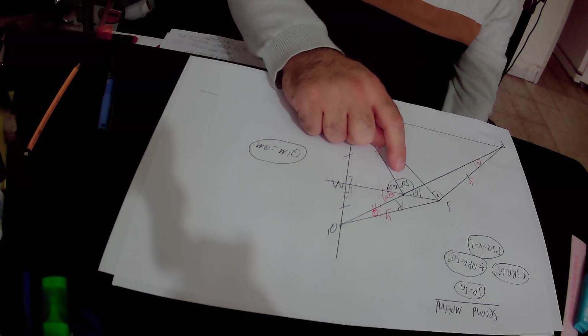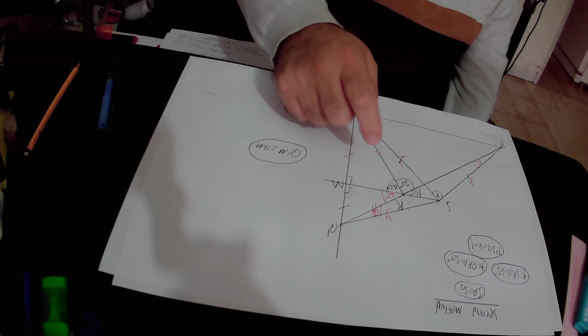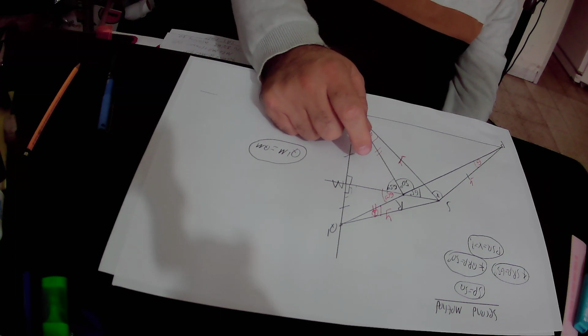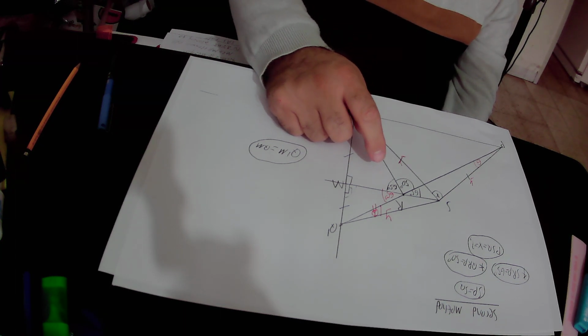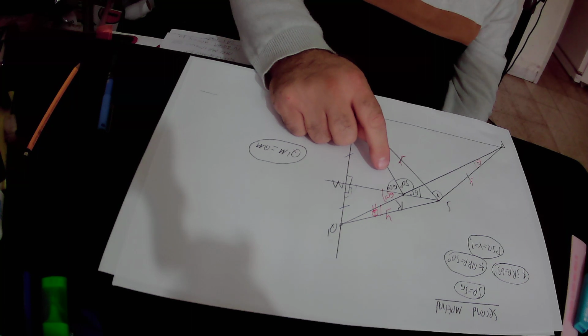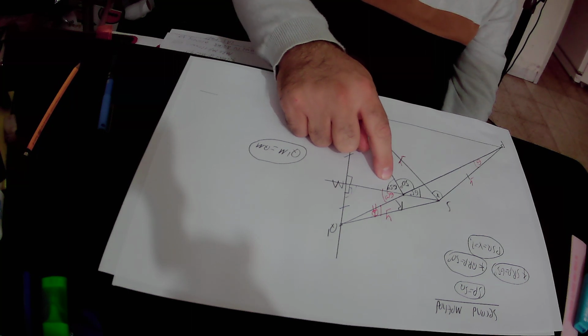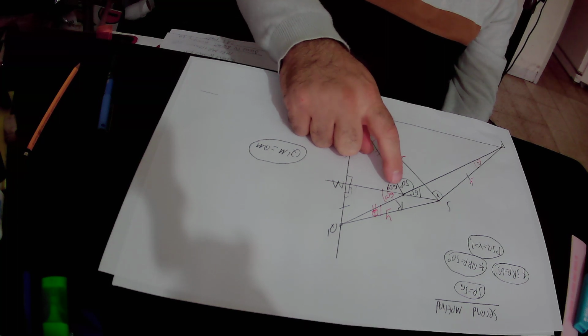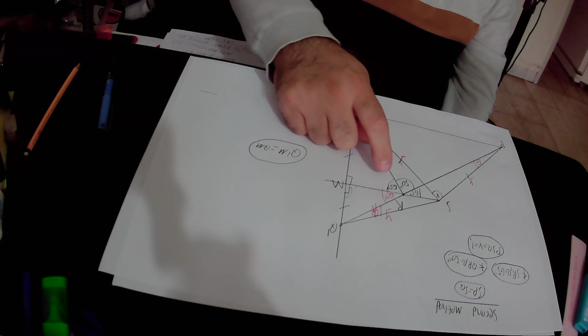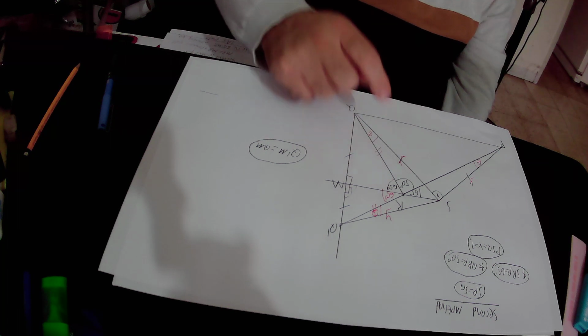Therefore, in order to complete the sum of the angles on the straight line on the lower side at point R to 180 degrees, this angle must be equal to 65 degrees. So this angle equals 65 degrees.